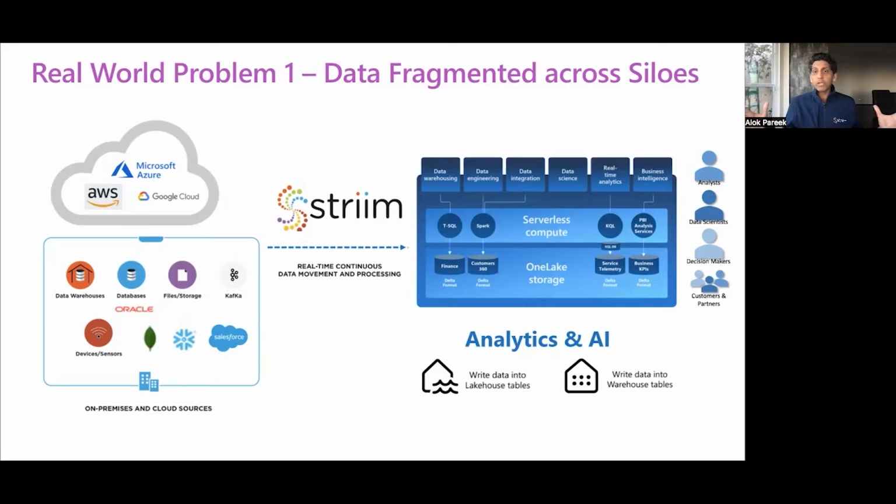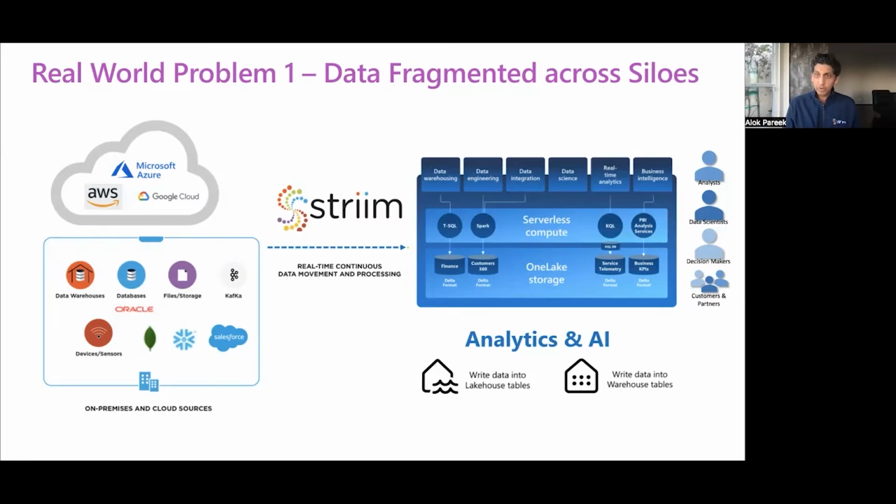So these are being deployed now on premise. They're being deployed on Azure. They're being deployed on non-Azure clouds as well. So how do you then bring together data from all of these silos into Fabric so that you can take advantage of the comprehensive offering that Fabric offers?